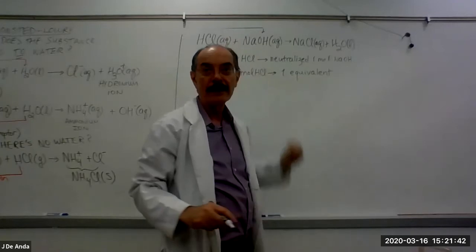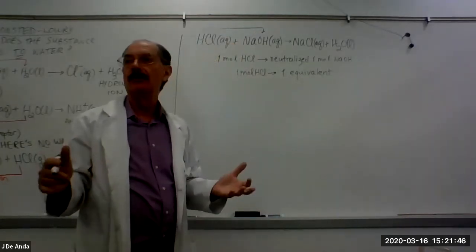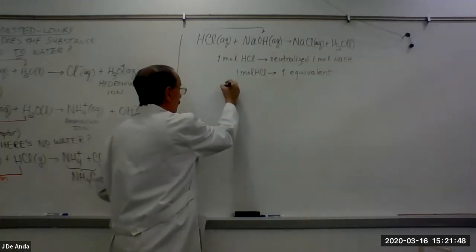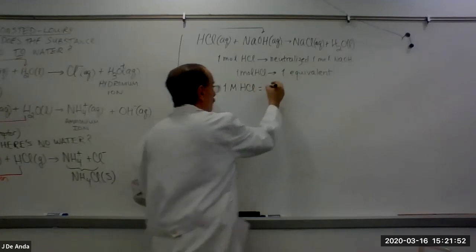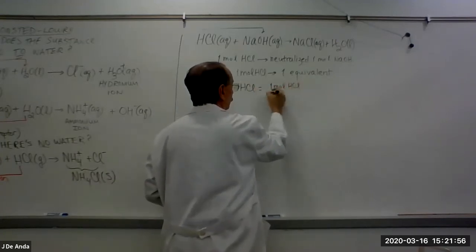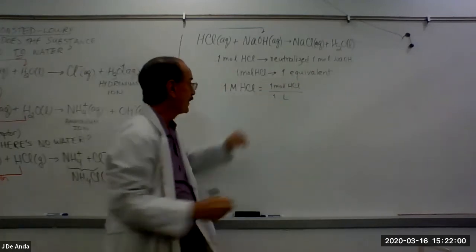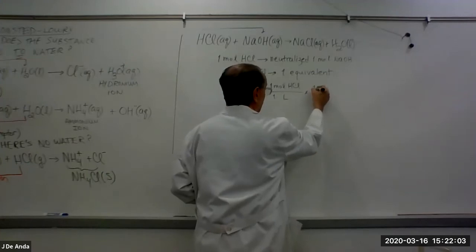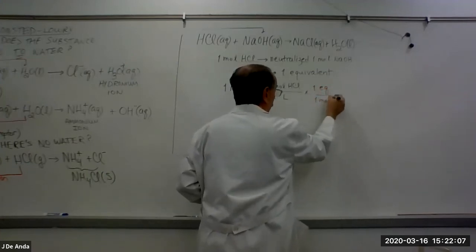1 mole, 1 equivalent. So let's say that I have a 1 molar solution of HCl. That would be 1 mole of HCl in 1 liter. But I just saw that 1 mole of HCl has 1 equivalent per mole.